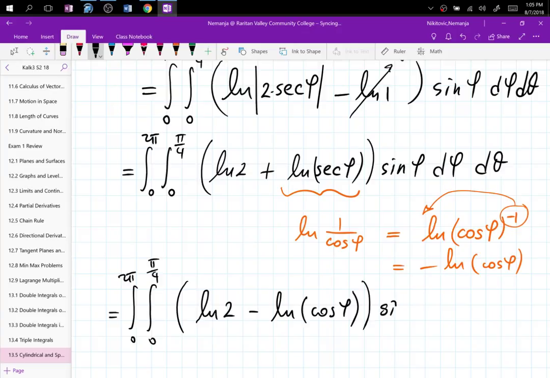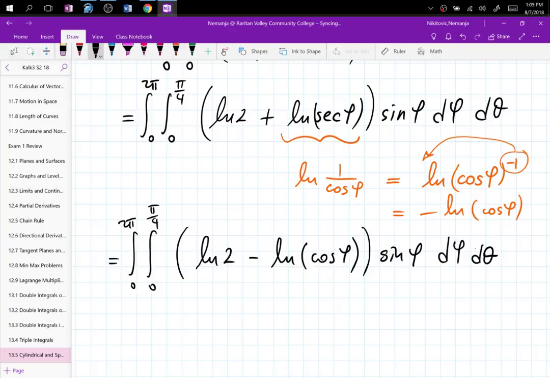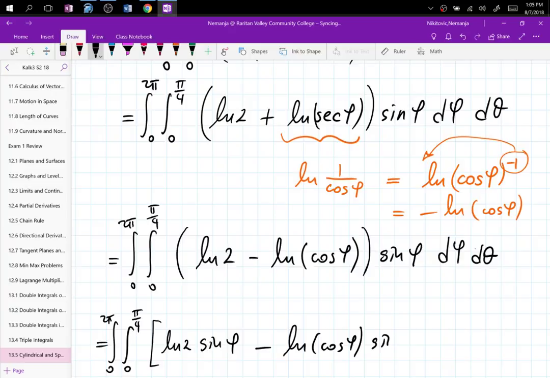All of that times sine phi, d phi, d theta. This sine phi distributes over both of these. So I actually have ln 2 sine phi minus ln cosine phi times sine phi, everything d phi, d theta.